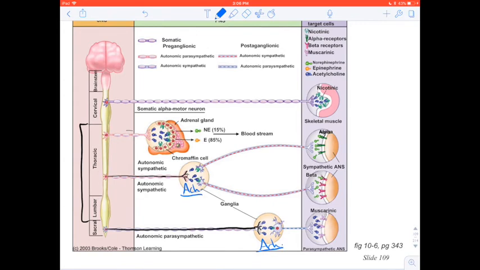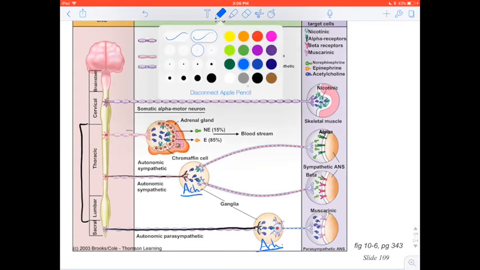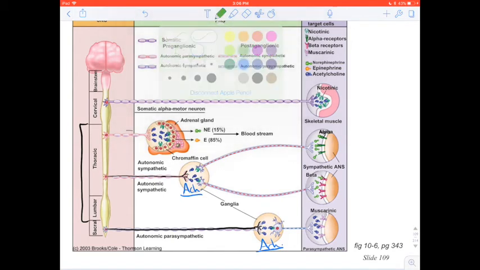Right? And the postganglionic neuron, I'll do this in green, will always have nicotinic receptors. Right? So again, postganglionic neurons will always have nicotinic cholinergic receptors for the sympathetic. For the parasympathetic, also the same, nicotinic cholinergic receptors.